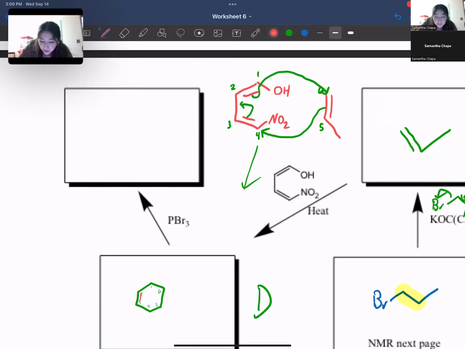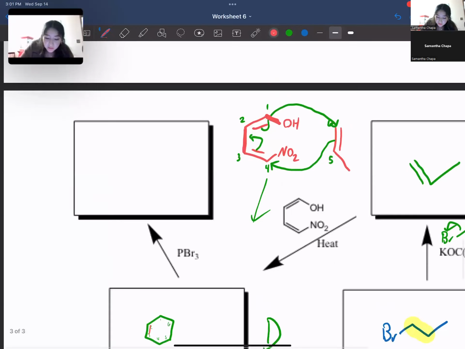So the substituents on the double bond between 1 and 2 are both facing the same way. So let me draw up here. We know that when they're facing the same way, they're cis. Cis. There we go. Also known as Z.